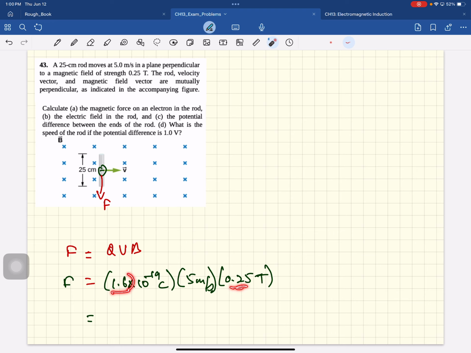A quarter of that is 0.4. 0.4 times 5 is 2. 2 times 10 to the minus 9.